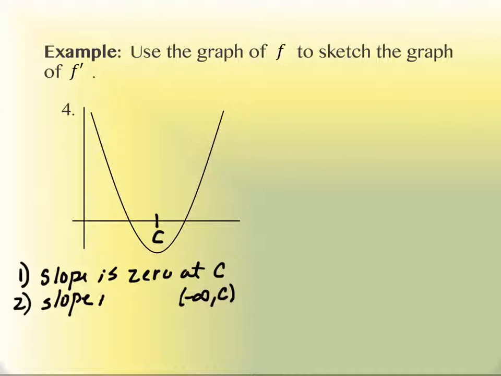It's negative. The slope is negative, right? The graph is decreasing. We're not using the words increasing, decreasing. That is extremely unhelpful information right now, actually. The slope is negative. And then I have another place afterwards. What happens to the slope after C? It's positive.